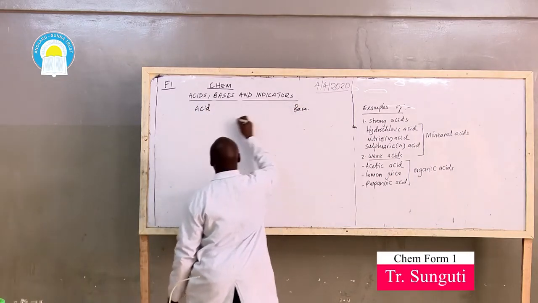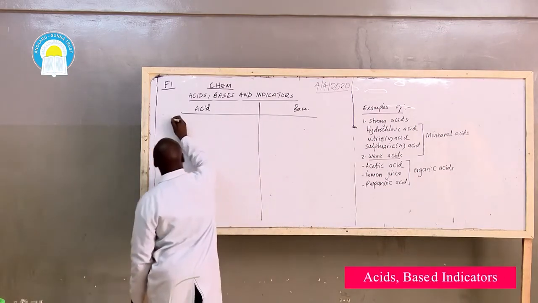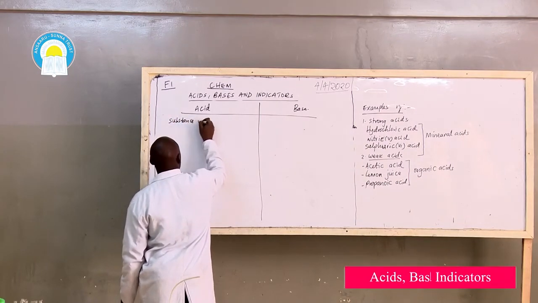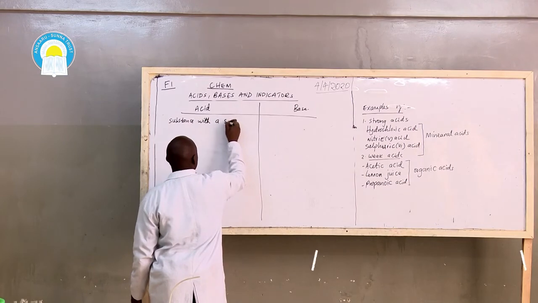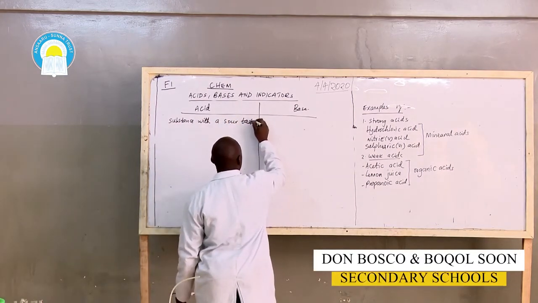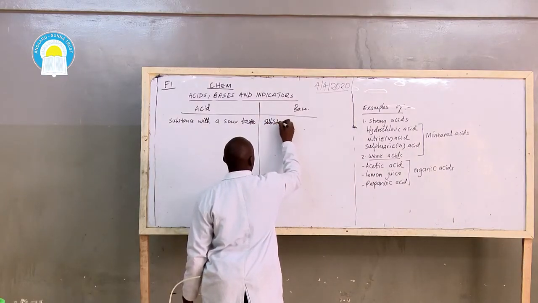An acid, we can define it as any substance with a sour taste. And a base is a substance with a bitter taste.